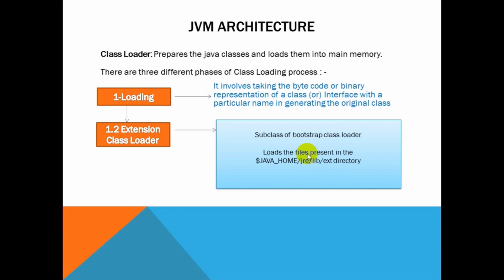It loads the files present in the $JAVA_HOME/jre/lib/ext directory. Consider that you have Java extensions, such as ODBC connectors or JDBC connectors, present inside your extension folder. The extension class loader loads these libraries into the JVM.